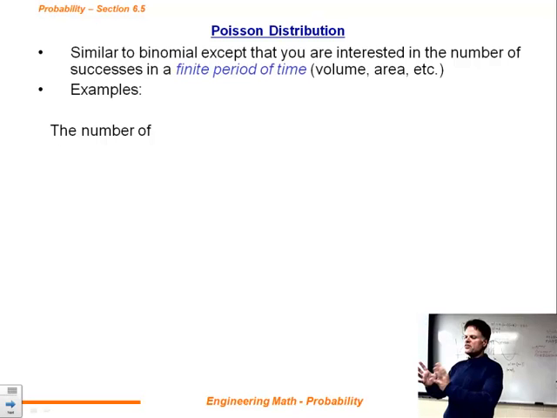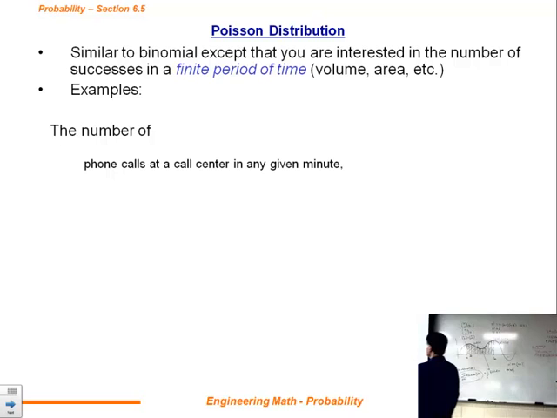And here, instead of having some discrete finite number of trials, a success can come at any point in time, or can appear anywhere in the area, independent of what else happens.